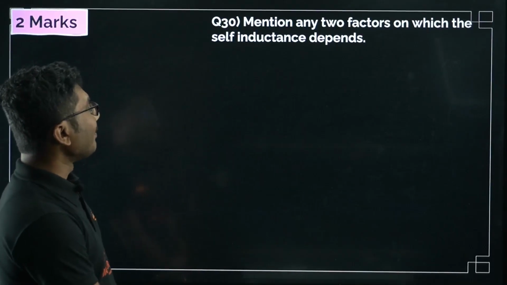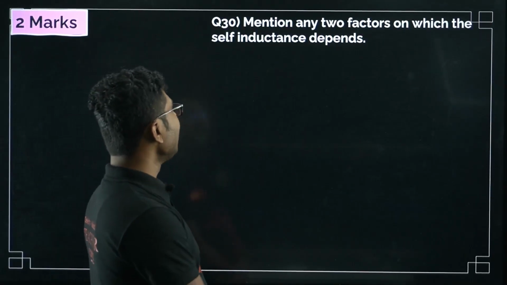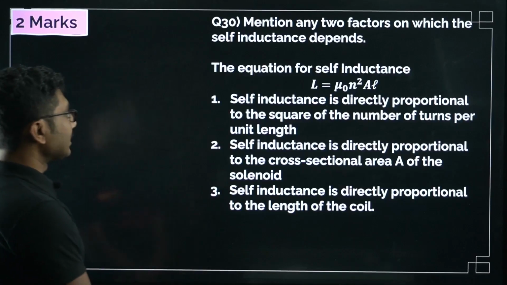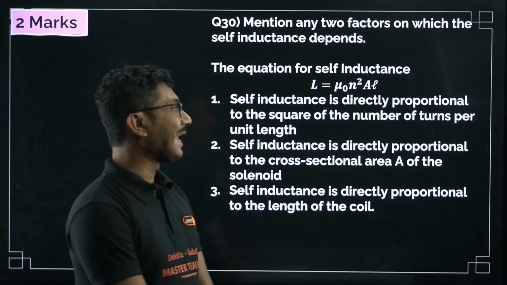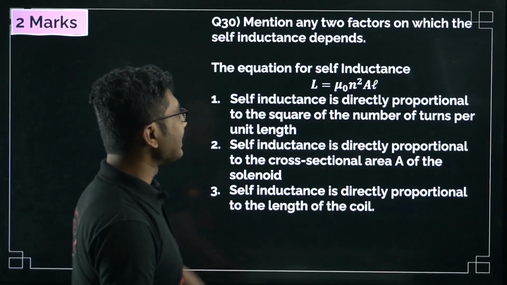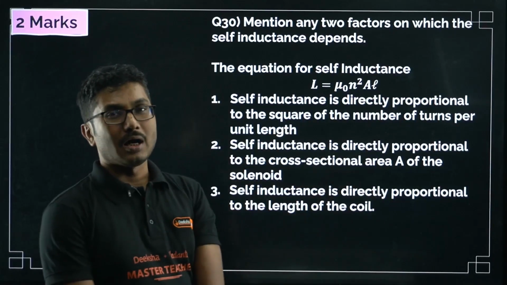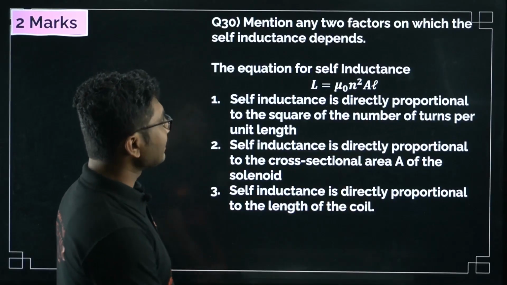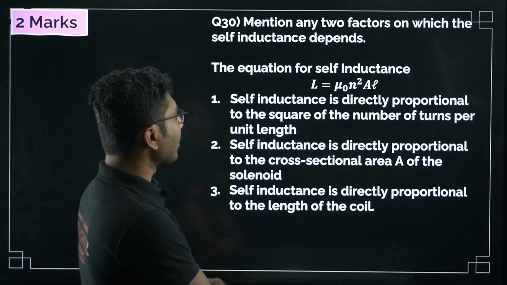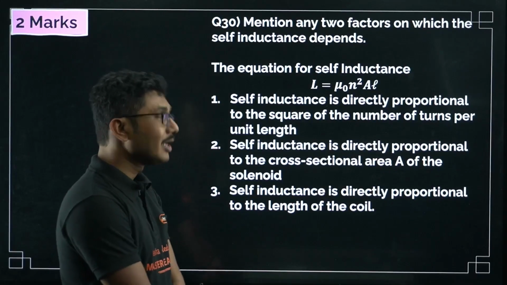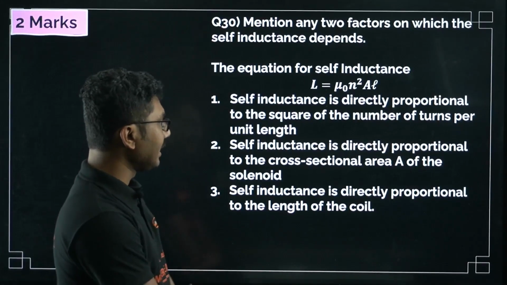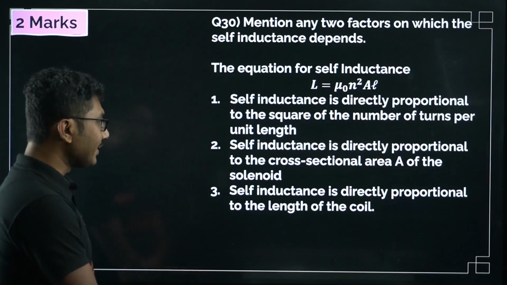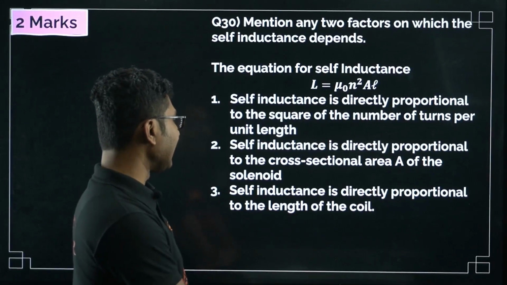Okay, this is the simple expression. Now next, mention any two factors on which the self-inductance depends. The equation for self-inductance is L equals mu naught N square A into l. Here N is the number of turns per unit length. Self-inductance is directly proportional to the square of the number of turns per unit length, to the cross-sectional area A of the solenoid, and to the length of the coil.